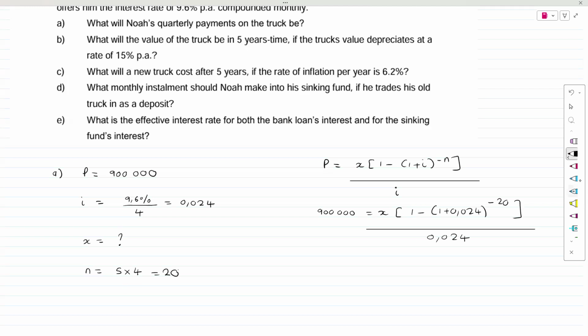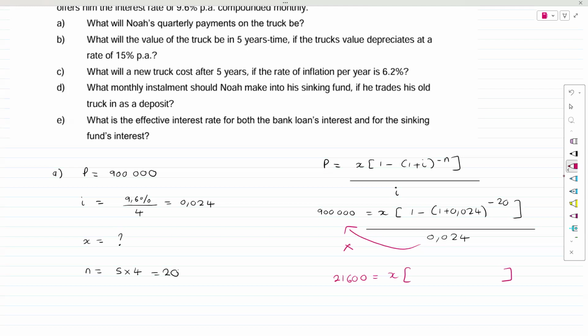Okay, what I'd like to do is to simplify. If I had to solve this, I would take that over as multiplication. So it'll be 900,000 times 0.024. And I get 21,600. That's equal to X into this nonsense, and I don't know what this nonsense equals to, but I'm going to find out.